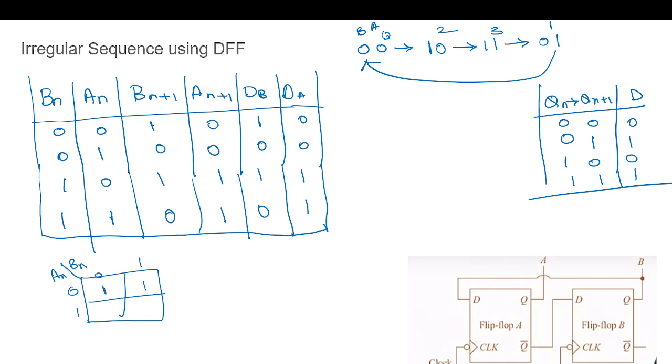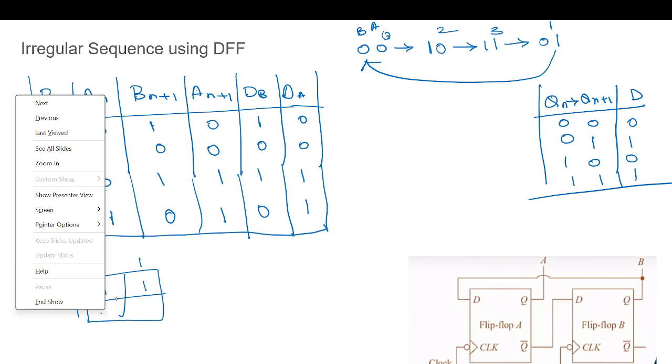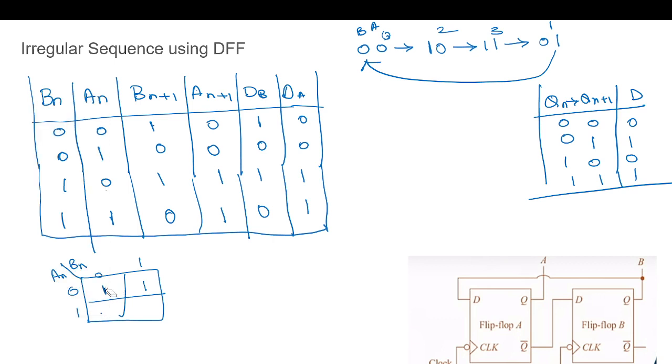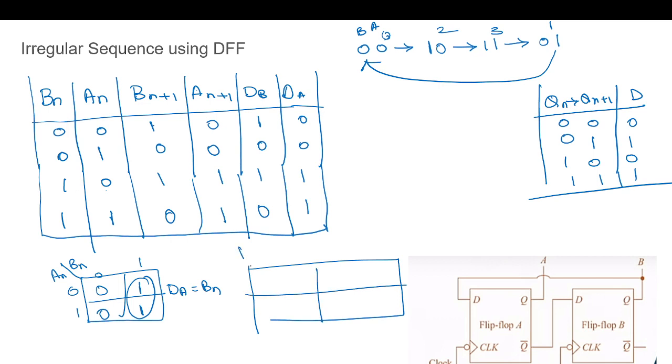So it is 1 1, state 0, 0 1 1. So this is BN, right? So DA is BN. And DB, AN BN.